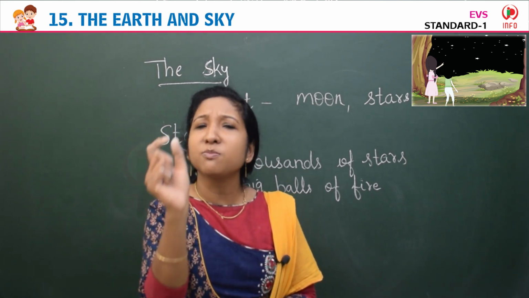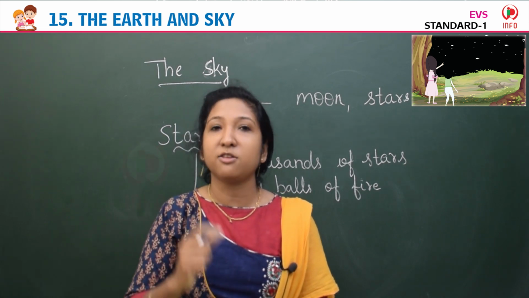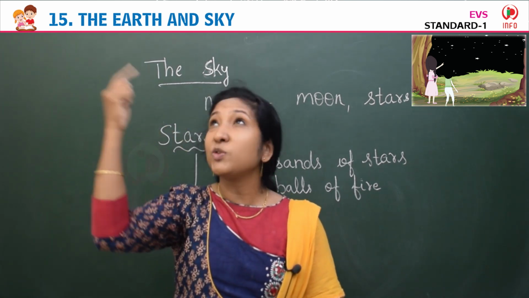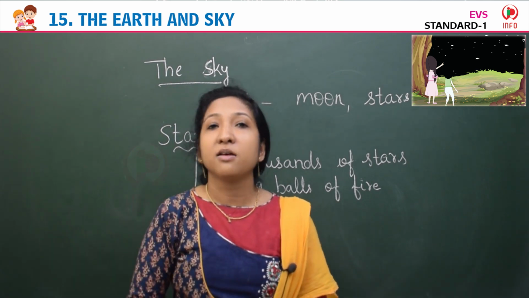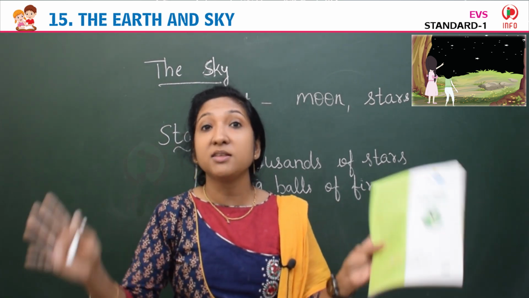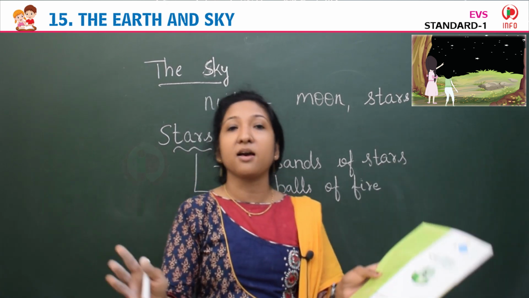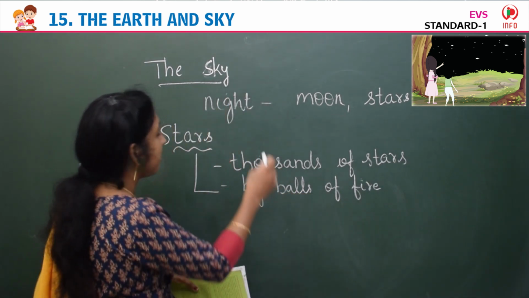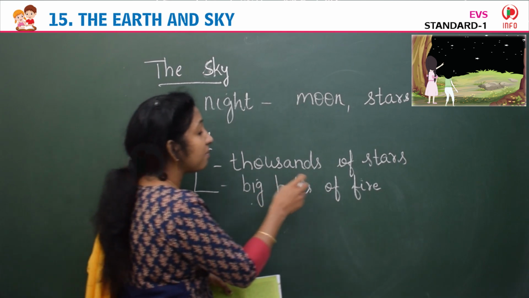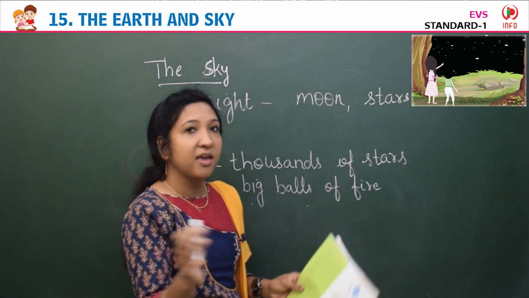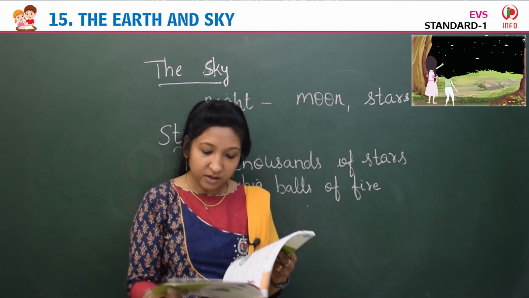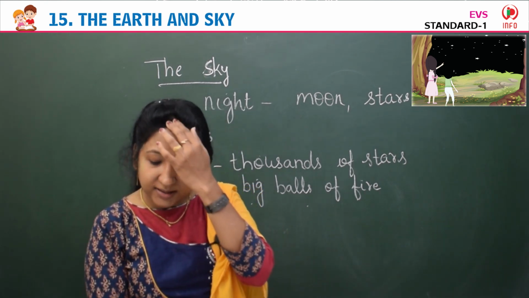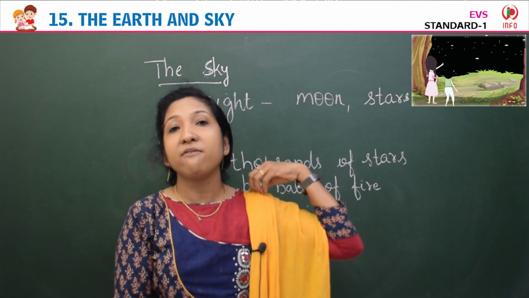It looks so small when you see it from the earth, from here. When you see the star from here, it looks very small because they are very far away from us. But actually the size of the star is big. So it is telling us stars are big balls of fire. They look small because they are far away from our earth.